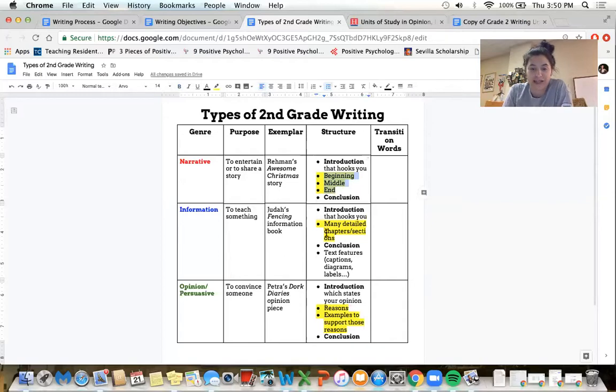If you're working on an information piece, we want to revise our chapters today and make them better. And if you're working on an opinion piece, you want to focus on those reasons, those examples, what we're saying in our piece. So we're really trying to make it longer today by using these as a checklist.